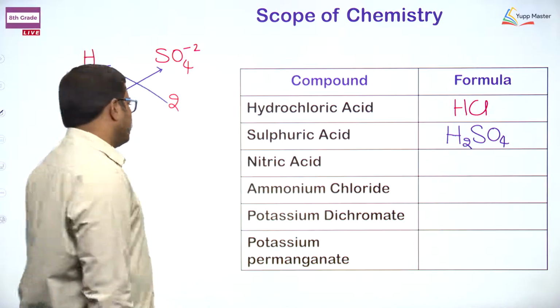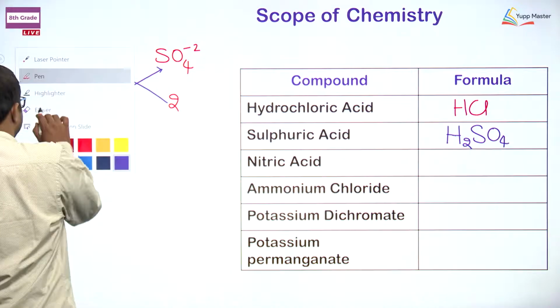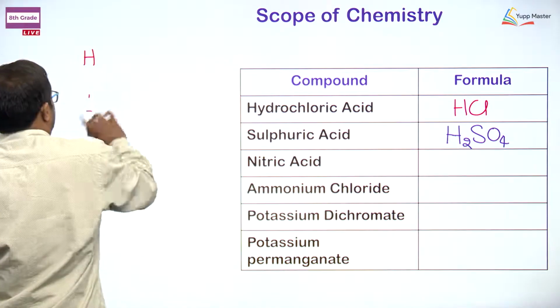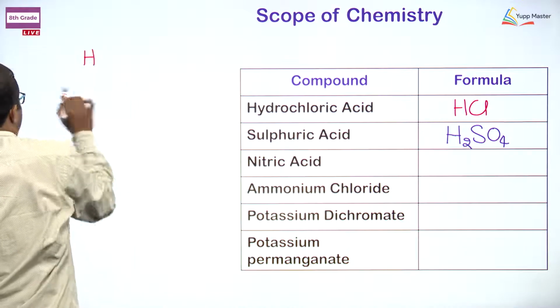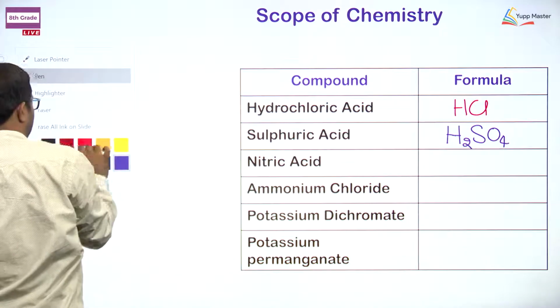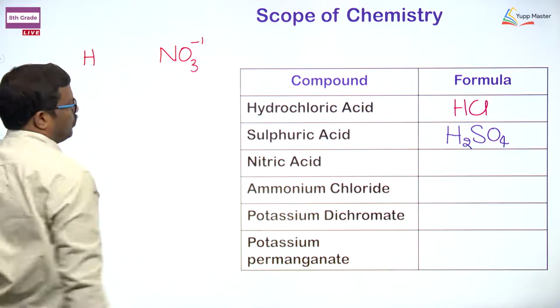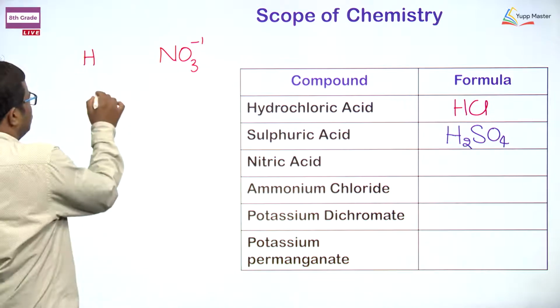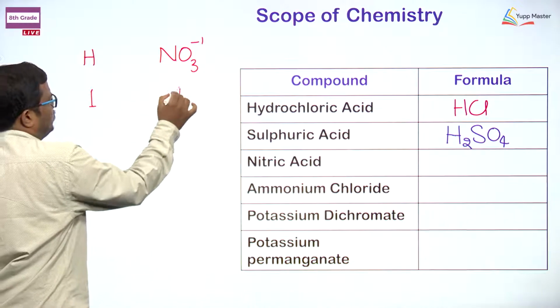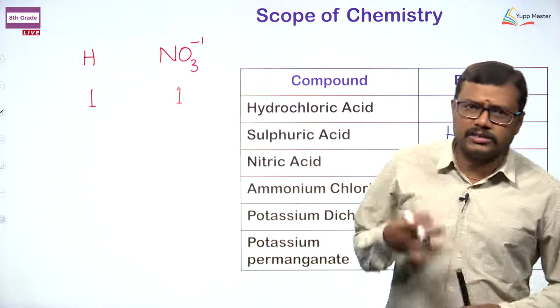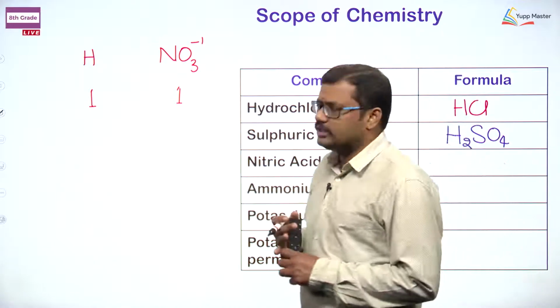Nitric acid. In the case of nitric acid, the nitrate ion has to be taken. Writing the nitrate ion, just now we have seen in silver nitrate, it is NO3 minus 1. When you observe, the valency of hydrogen is 1, nitrate ion valency is also 1. The highest common factor is 1.